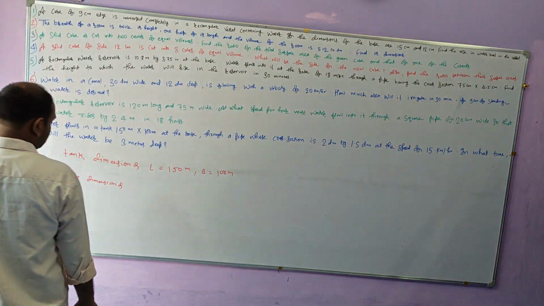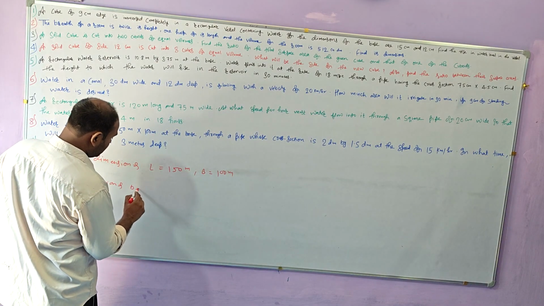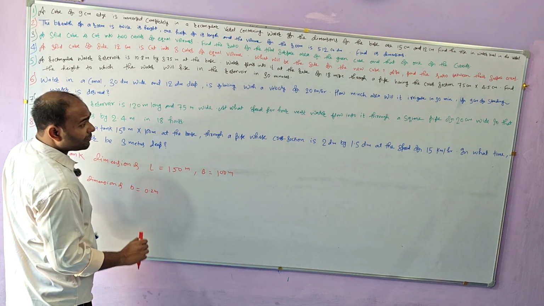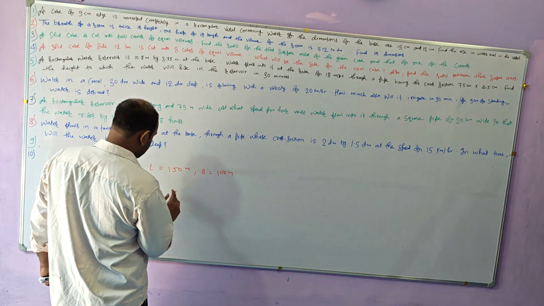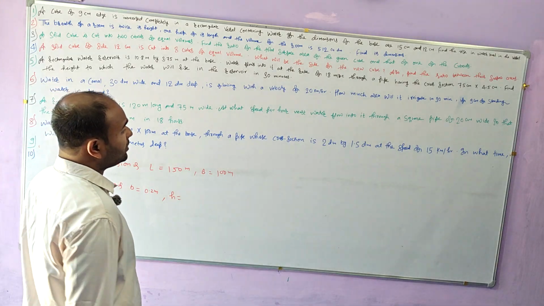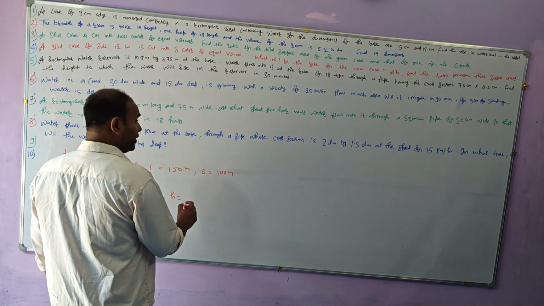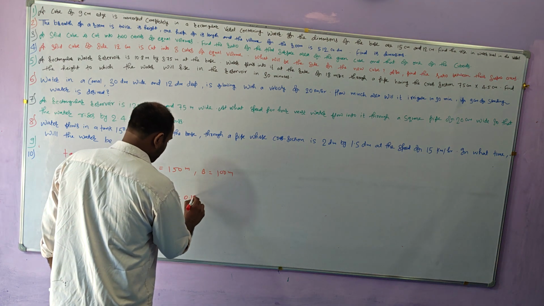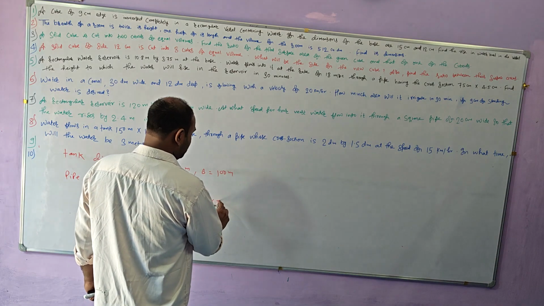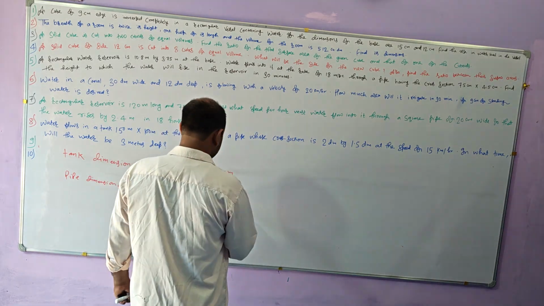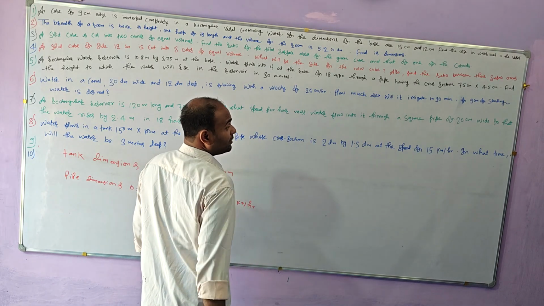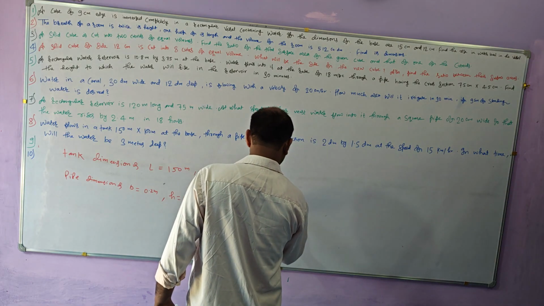that means B is equal to 0.2 meter and H is equal to 0.15 meter, and we convert it in meter, and speed is equal to 15 kilometer per hour, and T is equal to what?